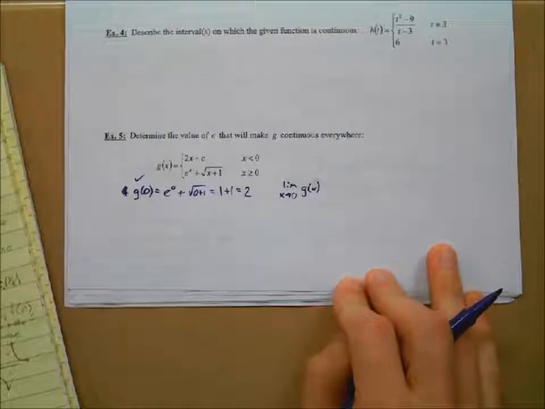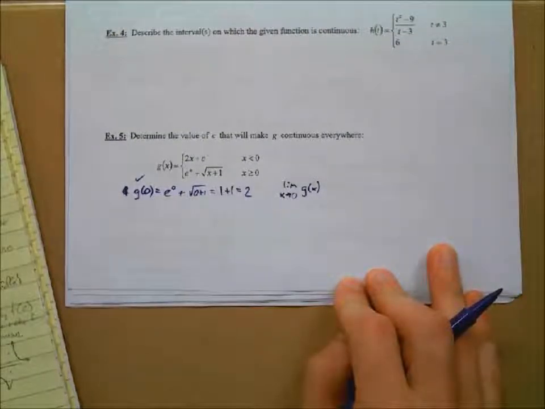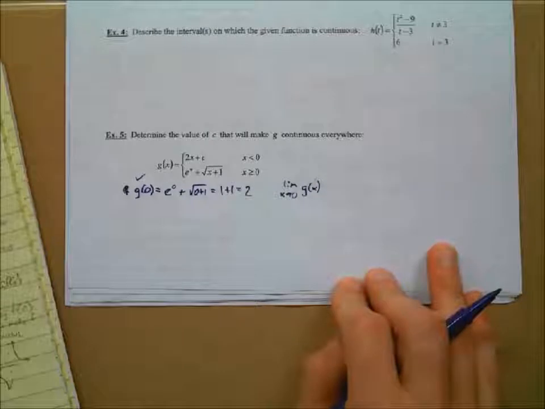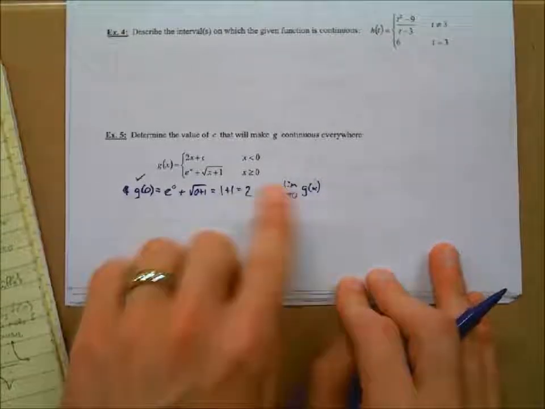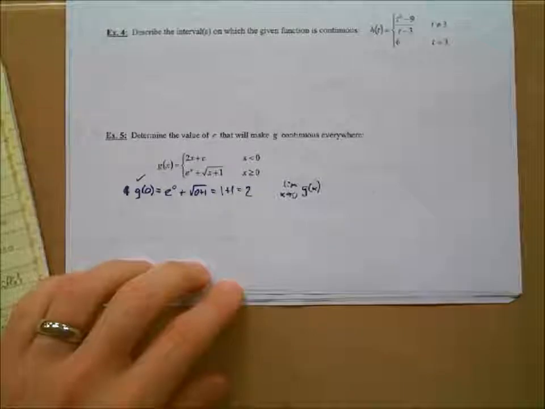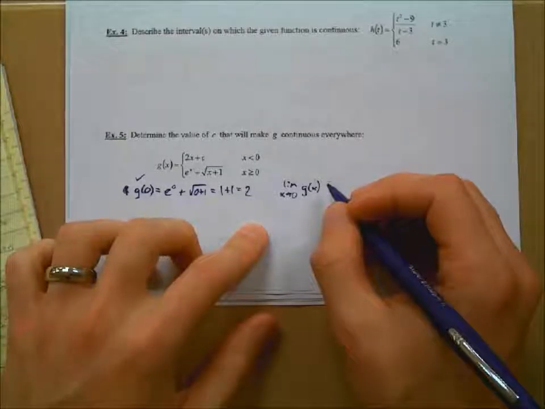Next, we want to evaluate the limit as x approaches 0 of g of x. How do we evaluate that? Which part of our piecewise function are we going to be checking the limit of? Bottom and the top. We've got to do both, right? Because if we're approaching 0, that means we have to check what the function approaches as we approach 0 from the left and from the right. So we'll do a direct substitution here for both.